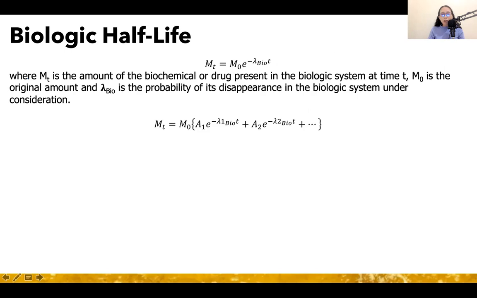But if we are considering this in the biological context, then there are other factors that can affect the disintegration of a certain radionuclide. And to take this into account, we can measure the decay constant in a biological system. So we have here a lambda sub bio, which is again the decay constant in a biological system.